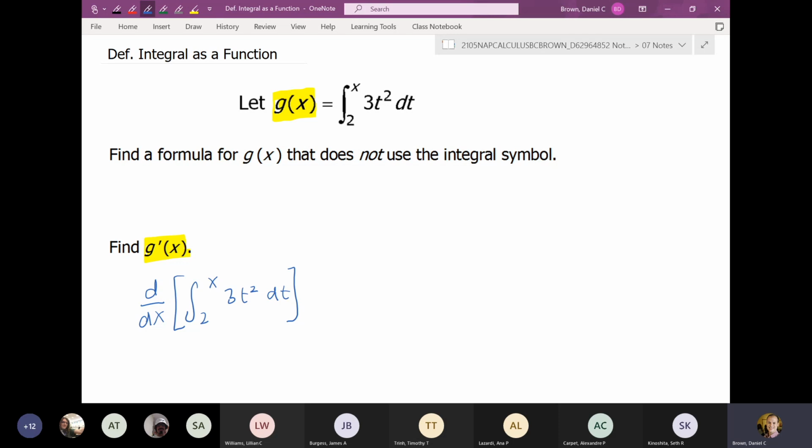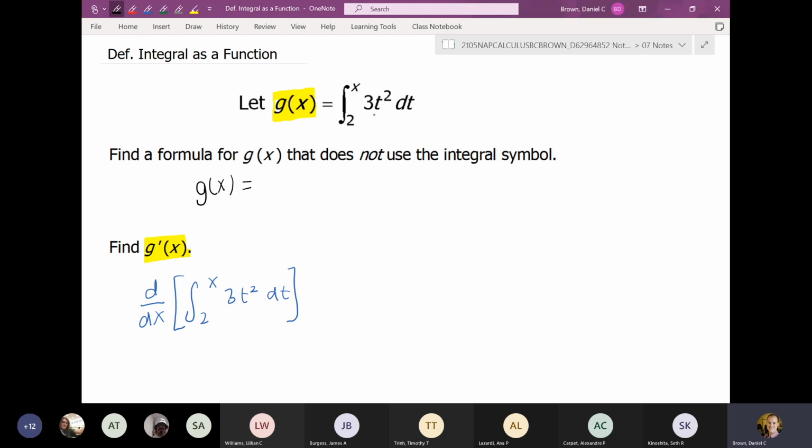We do need to treat this a little bit differently, but we can see where this derivative is coming from by doing what I have as this intermediate step: find a formula for g of x that does not use the integral symbol. And what I mean by that, if this is g of x, we know how to evaluate integrals to write an equivalent function that doesn't have an integral sign.